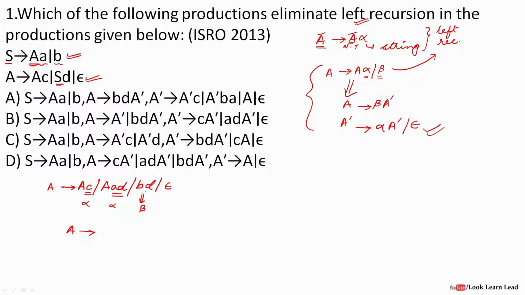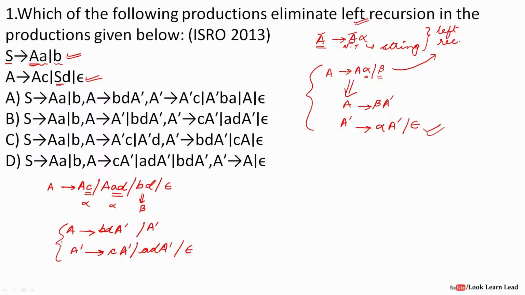So now what is my beta? Beta is BD, so A implies BD A dash. Second, A dash implies alpha A dash. So now what is my alpha? Alpha is C A dash or AD A dash or epsilon. So this is my answer.